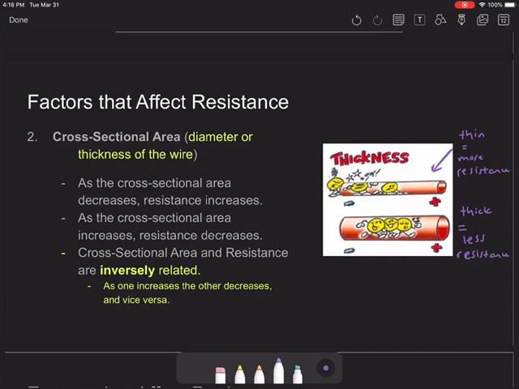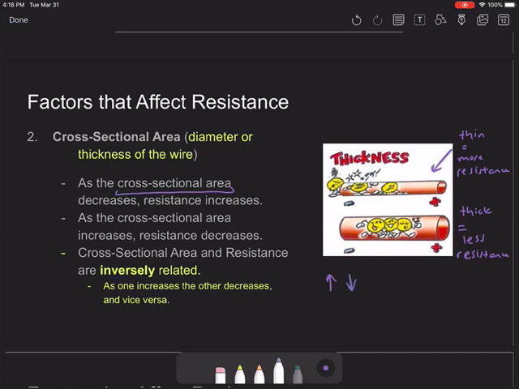As the thickness decreases, so it becomes more thin, the resistance increases. And vice versa, if the thickness increases, it becomes more thick, the resistance decreases. Which means as one goes up, the other goes down.